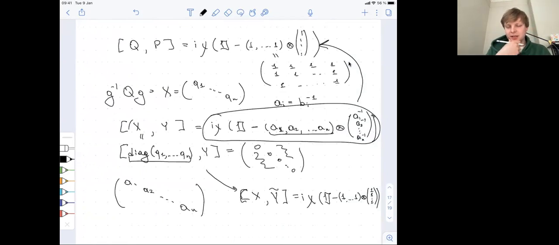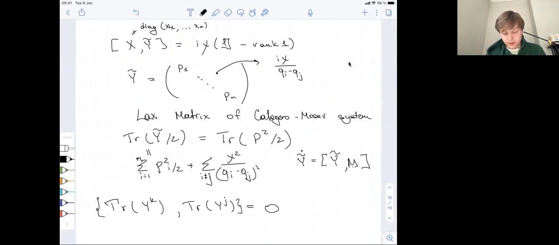Well, we don't pick a very special moment map, but we pick a very special coadjoint orbit, because the coadjoint orbit of this element is very small, and it gives an opportunity to reduce a lot of degrees of freedom, because we ended up with dimension 2n, right? But in principle we had to have a bigger dimension.